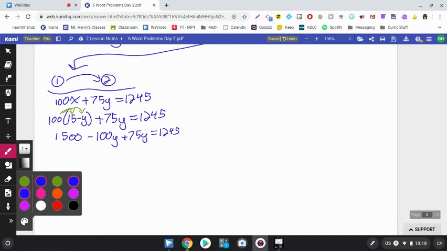Okay, combine some things together. 1,500 minus 25y equals 1245. And I'm solving from here. Minus the 1,500, minus the 1,500, negative 25y equals negative 255. Yes.